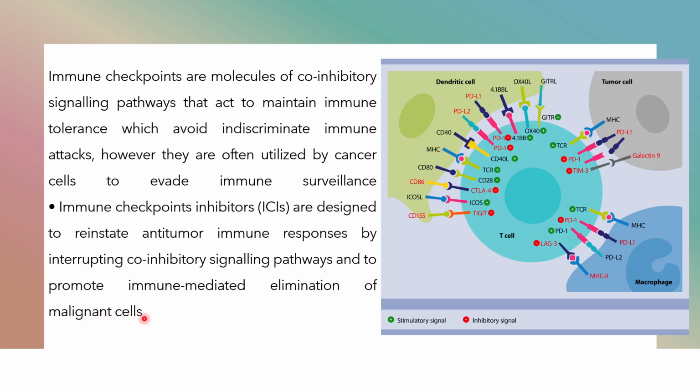Malignant cells, we have talked about it in a quite described manner, so I think everyone understood the meaning of malignant cells. Malignant cells are cancer cells, those cells which can invade from one organ to another organ in the human body or any type of organism.